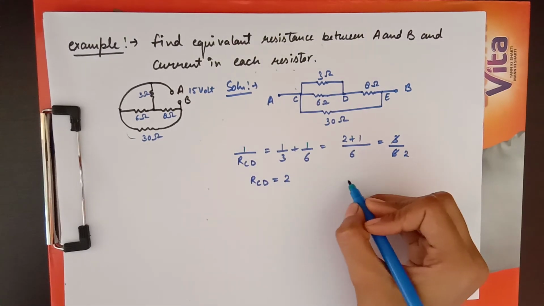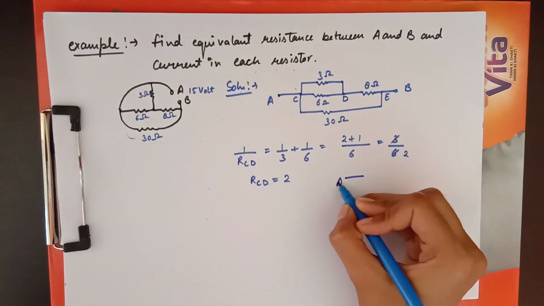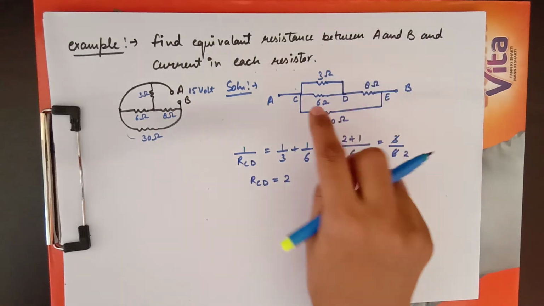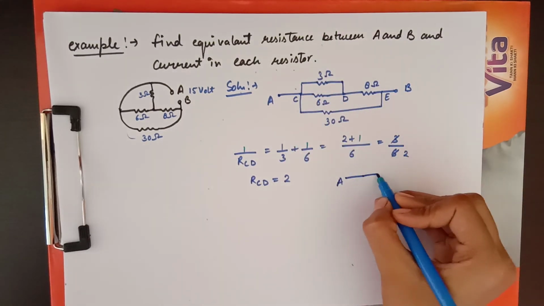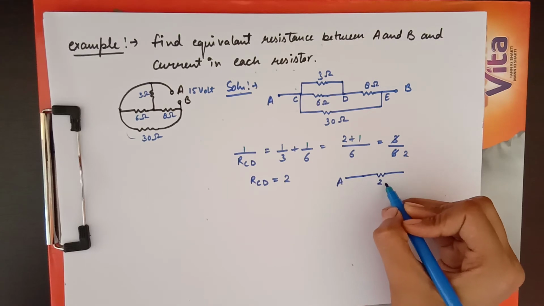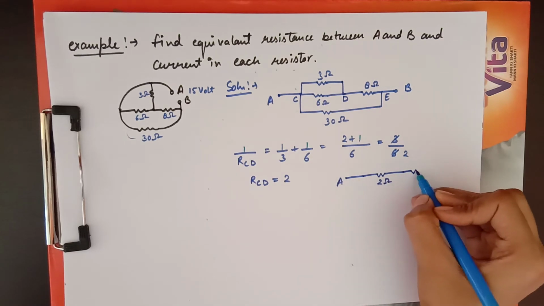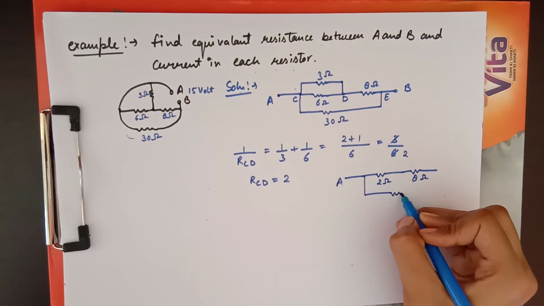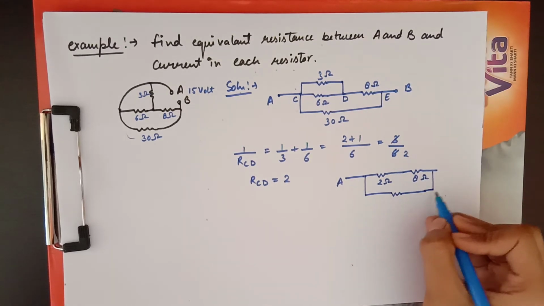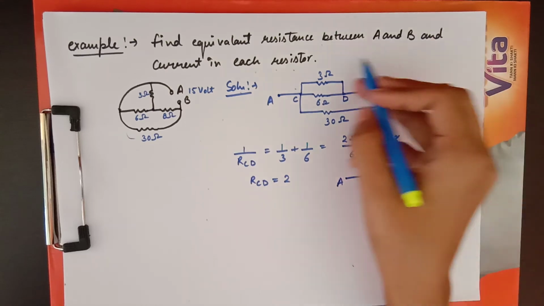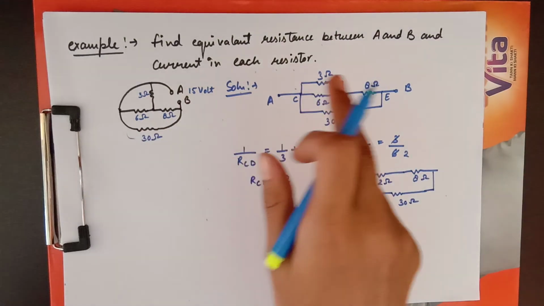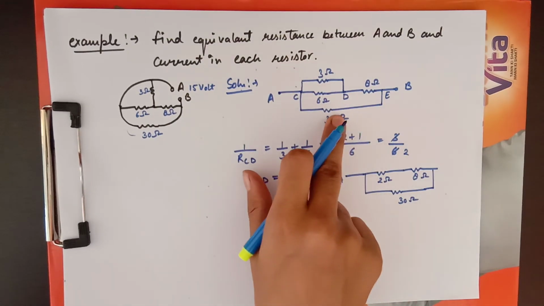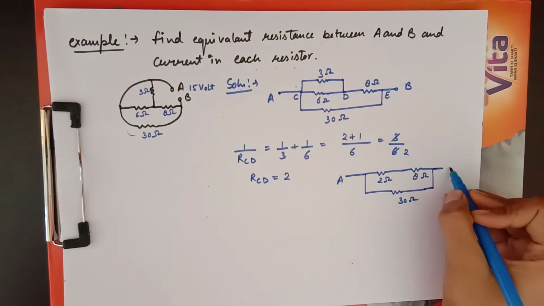Now you can make the figure like this. C and D, these two resistors are reduced to 1 and become a 2 ohm resistor, and here you have an 8 ohm resistor, and the 30 ohm resistor is also connected in parallel. So this complicated structure reduces to this.